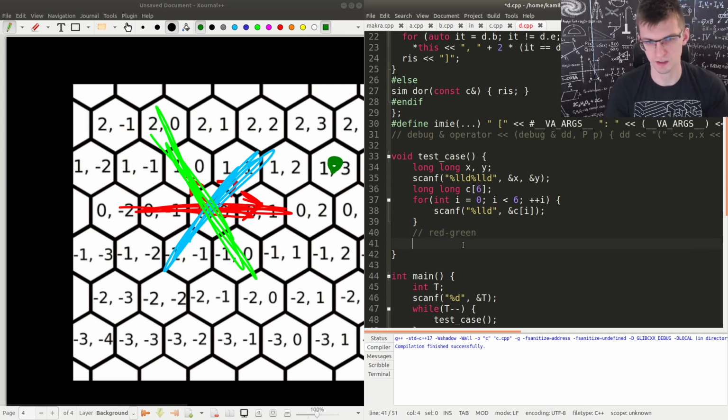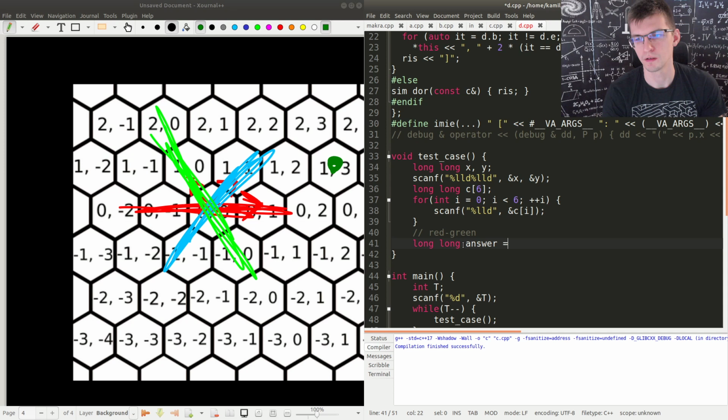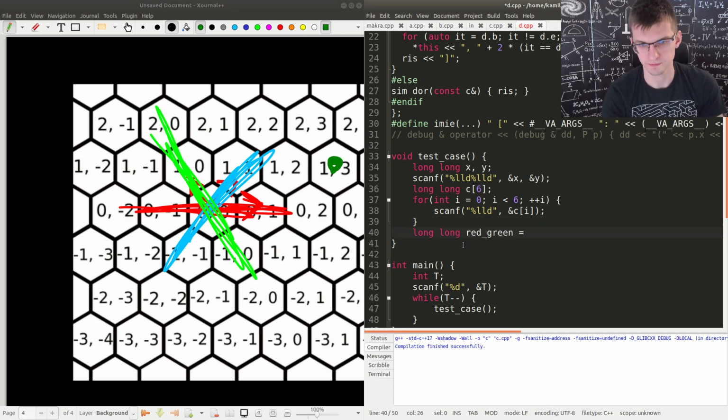So it's exactly the answer. I can call it red green. It will be what? How much do I need to go with red? This is the second coordinate, y, times some cost plus x times some other cost.